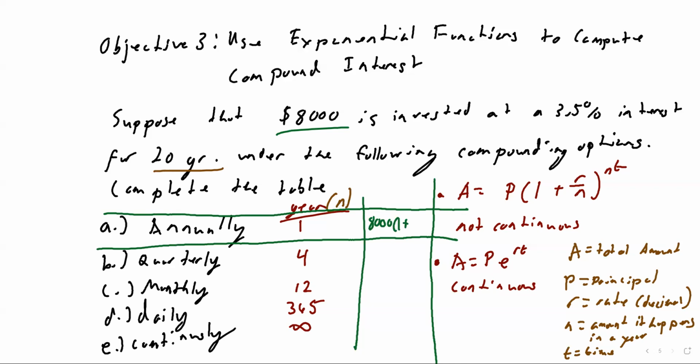How do you convert? Perfect. 0.035 divided by annually would be 1, raised to the 1 times 20, because that's what your T is. And then we would calculate what that is. And then same process, but now you're going to replace all of those N's with a 4.